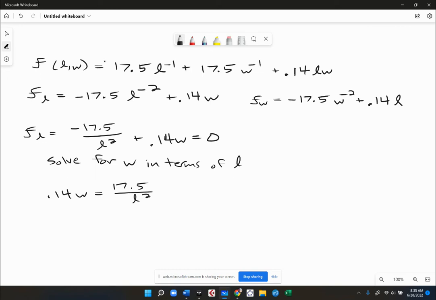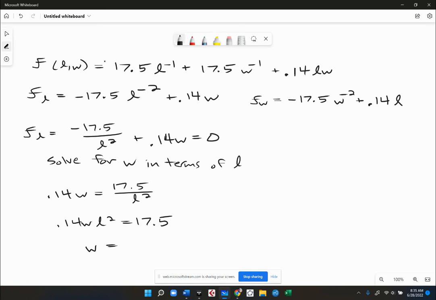And let's see, that gives us 0.14 WL squared equals 17.5. Which gives us, actually, that was kind of an extraneous step, wasn't it? 17.5 divided by 0.14 is 125.